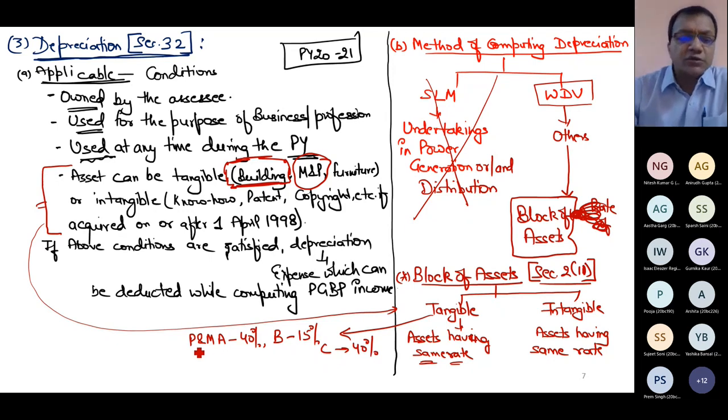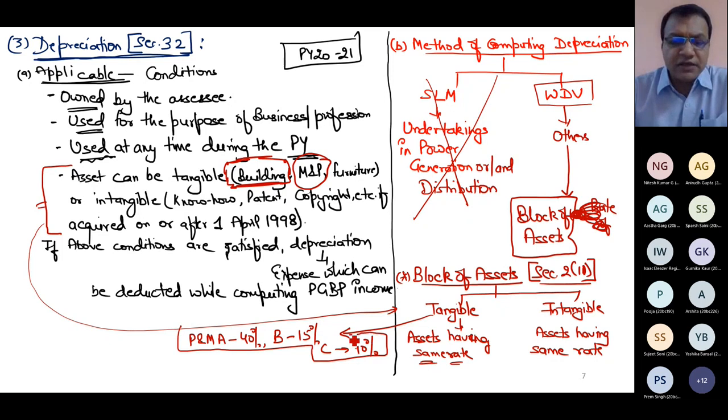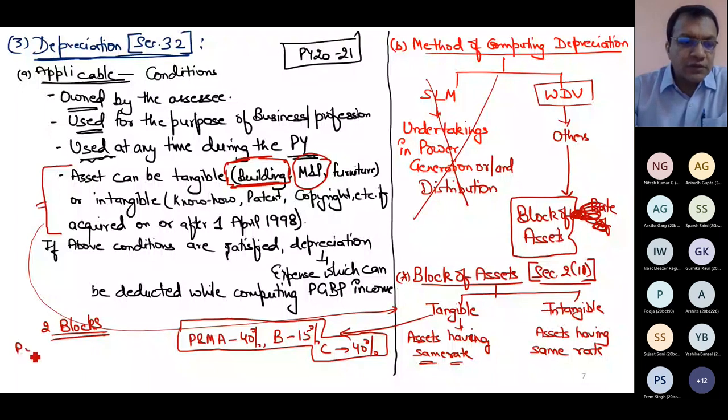So can you tell me how many blocks will be made? If these three plant and machineries are there, how many blocks will be made? Sir, 3. 2. 2 blocks. One block is of plant and machinery having 40% rate. And which plants will be covered here?